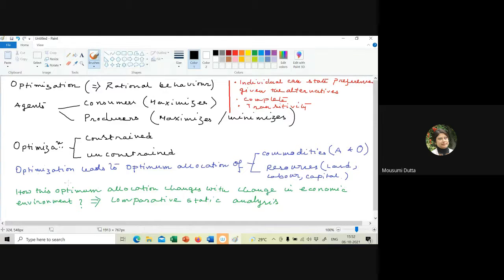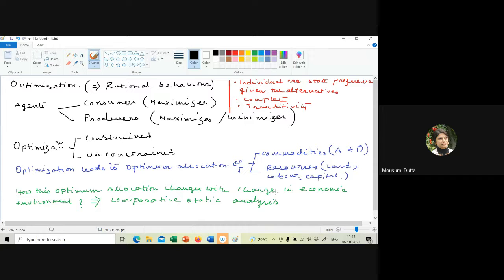Now, this optimization finally leads to optimum allocation of either the commodities or the resources. Since I'm trying to optimize, I can be a consumer, I can be a producer, however, I am optimizing.